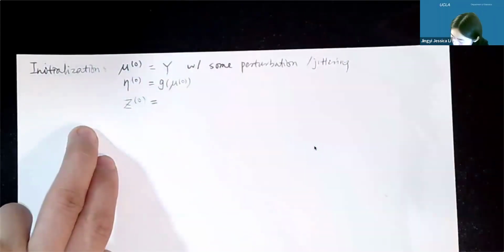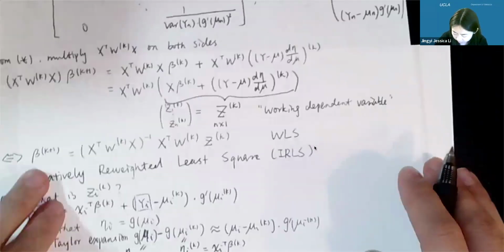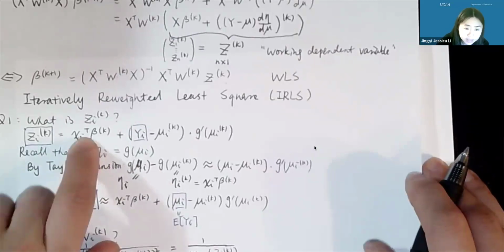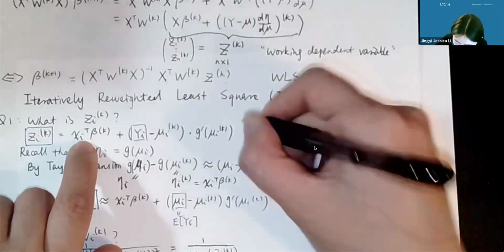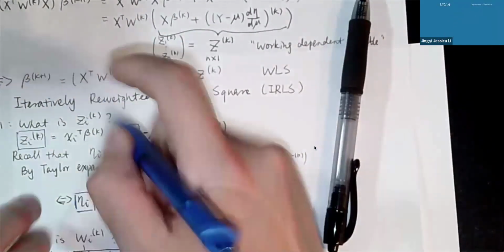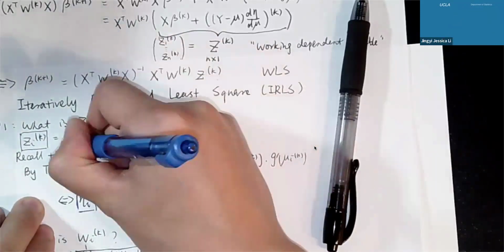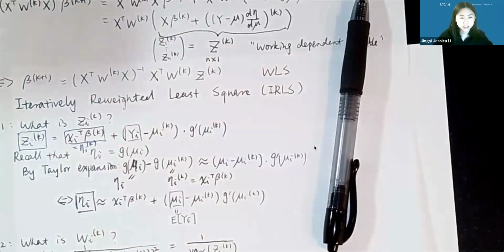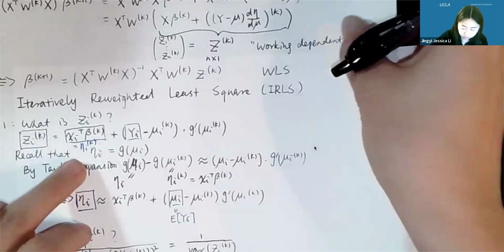So if you recall, coming back here, this is the Z. And don't forget that because of the linear relationship, the linear predictor, this first term can be written as equal to eta I, because eta I is the linear predictor. And we have eta I there already, so we'll use it.